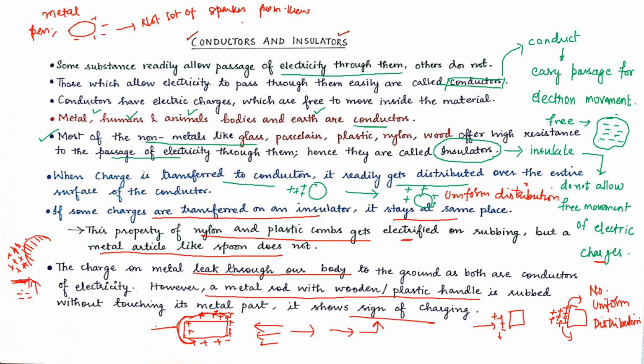So let us summarize our conductors, insulators and the third branch of these elements. We have many elements in our periodic table.